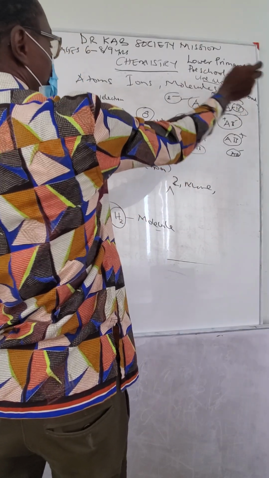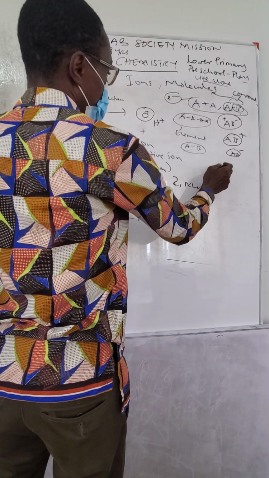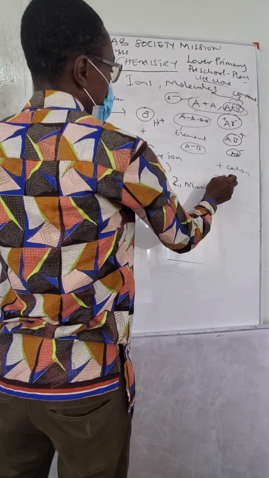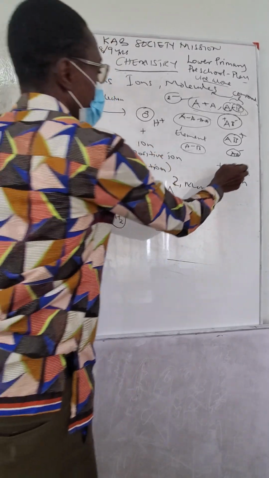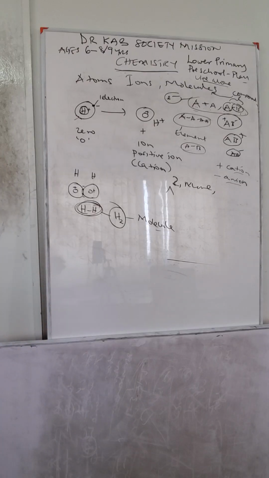The two are all molecules. Then you can have the charge. If they are positive, it is a cation. If it's negative, it's an anion. The words you can learn for our spelling.